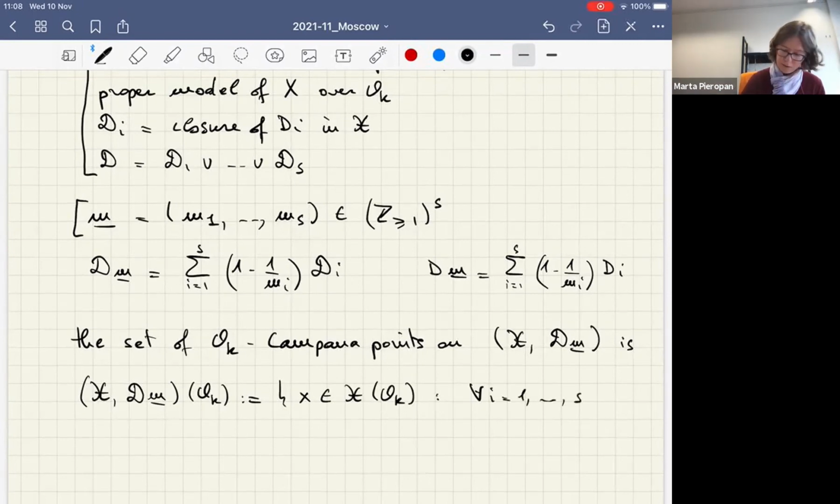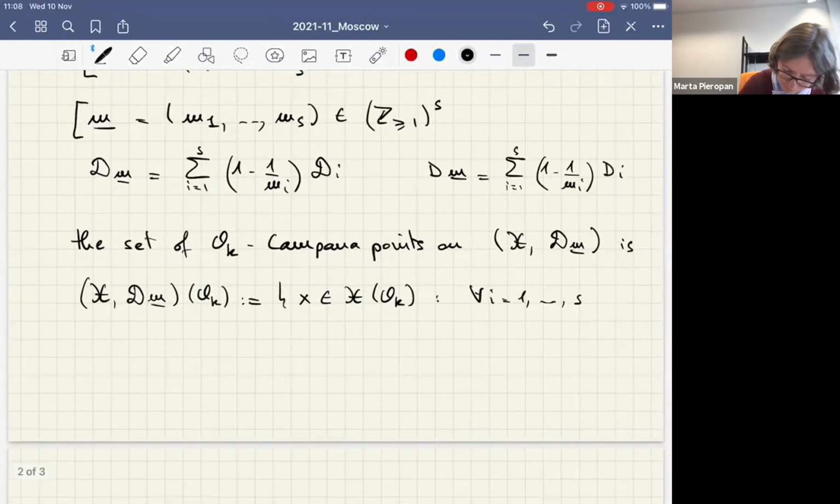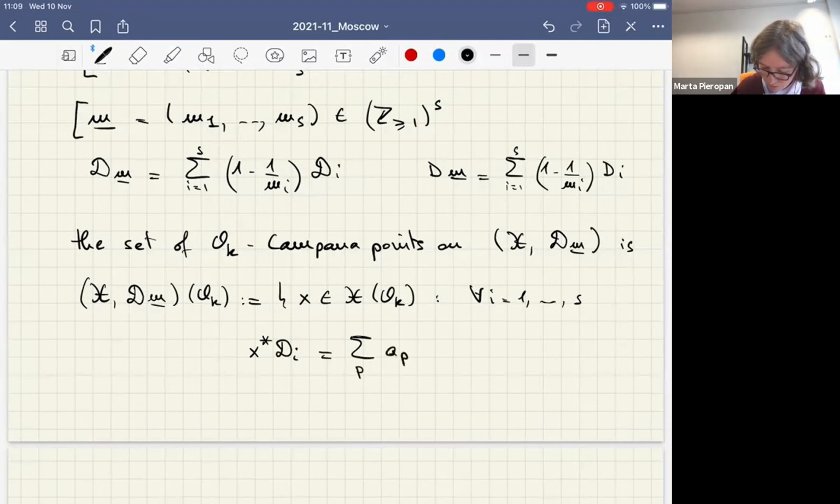We are going to require that if we look at the pullback of the boundary component D_i under the morphism from Spec O_K to 𝒳, which is defined by my O_K point, little x, then this pullback, which is going to be an effective divisor, I write it down with coefficients over P. Here P runs over, if you want, the primes of my ring O_K.